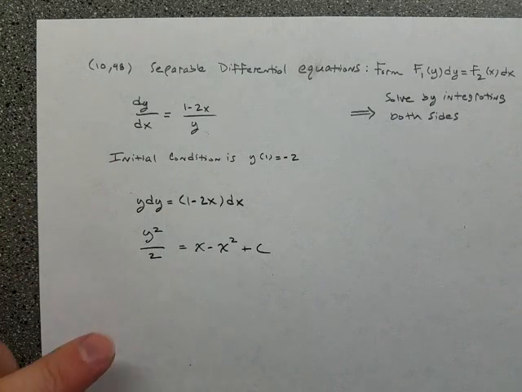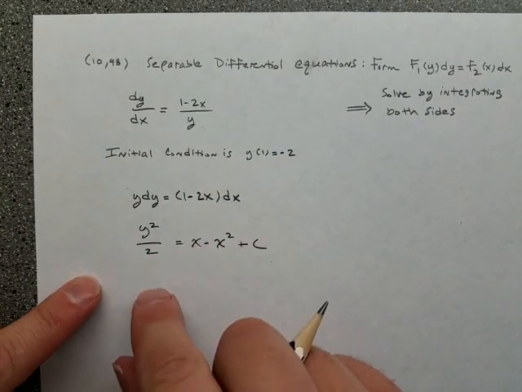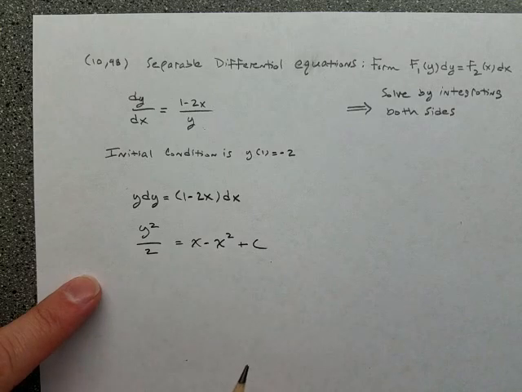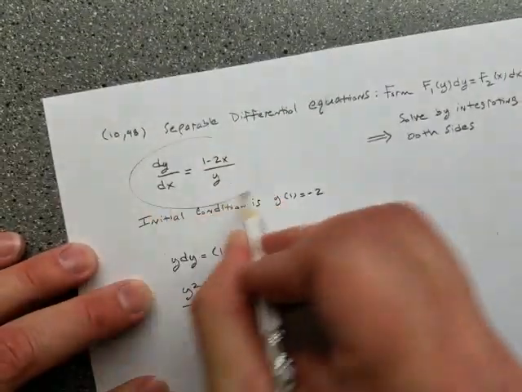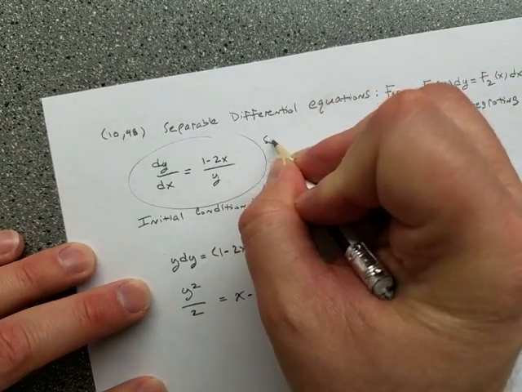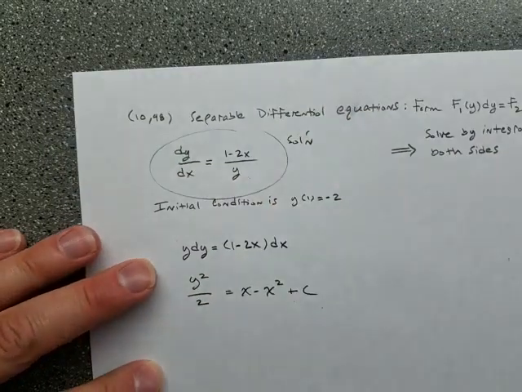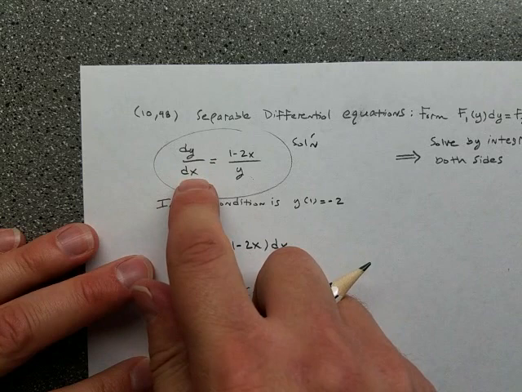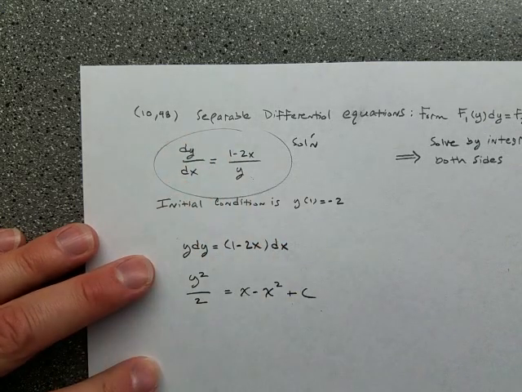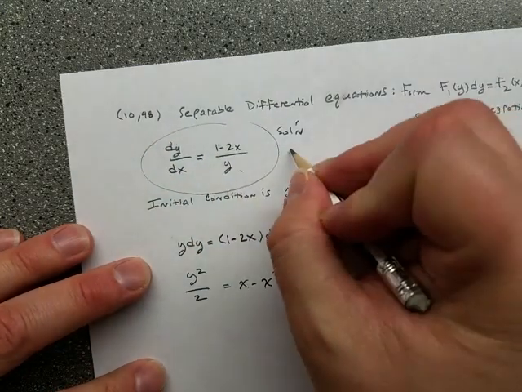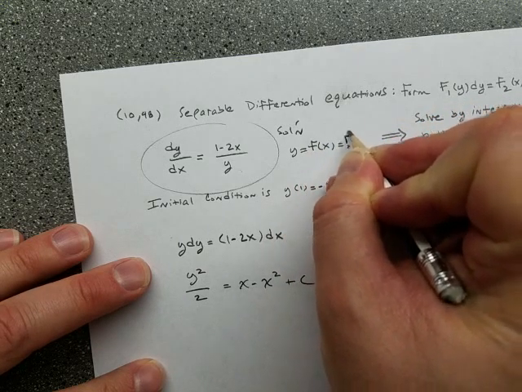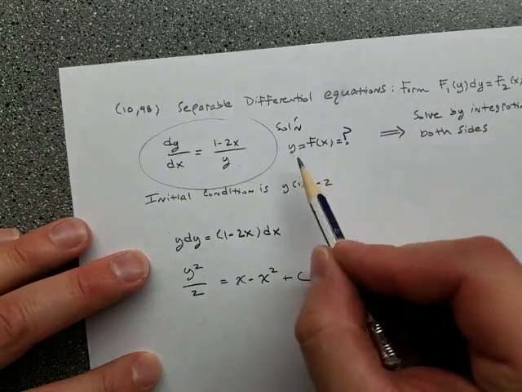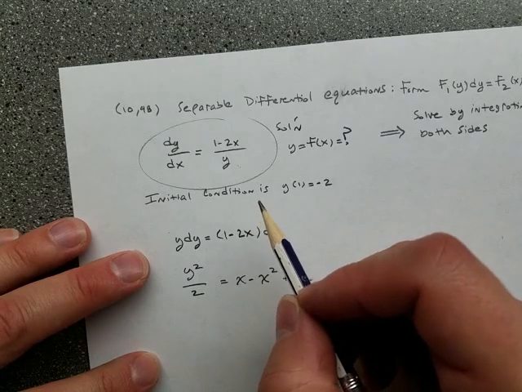Now, I would like, if I can, to give an explicit function. The solution to this, what form does the solution take? Just look at the notation. It appears that y is a function of x for there to be a derivative dy dx. So there is some solution that I suppose is an explicit function where y is a function of x.